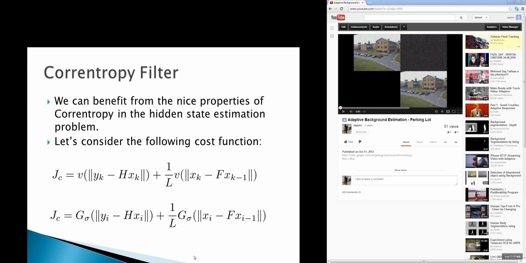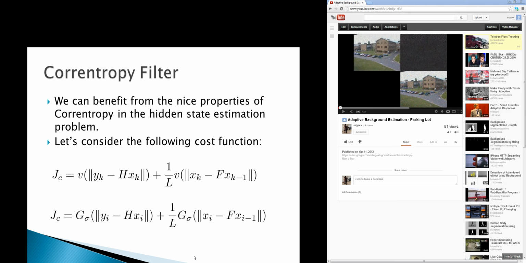So, Correntropy filter. Why don't we use Correntropy in a cost function and use the nice properties of Correntropy in the hidden state estimation problem? We know that the Kalman filter can be derived by a quadratic cost function, and solving this cost function by equating the partial derivative with respect to the hidden states to 0.